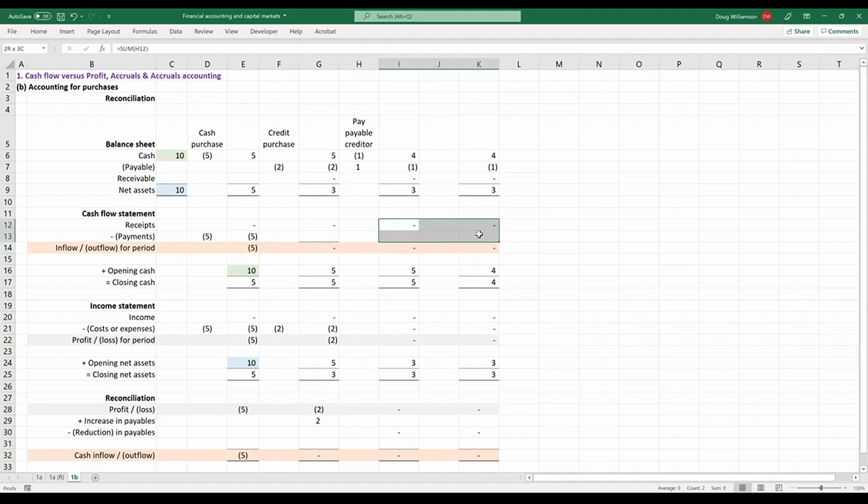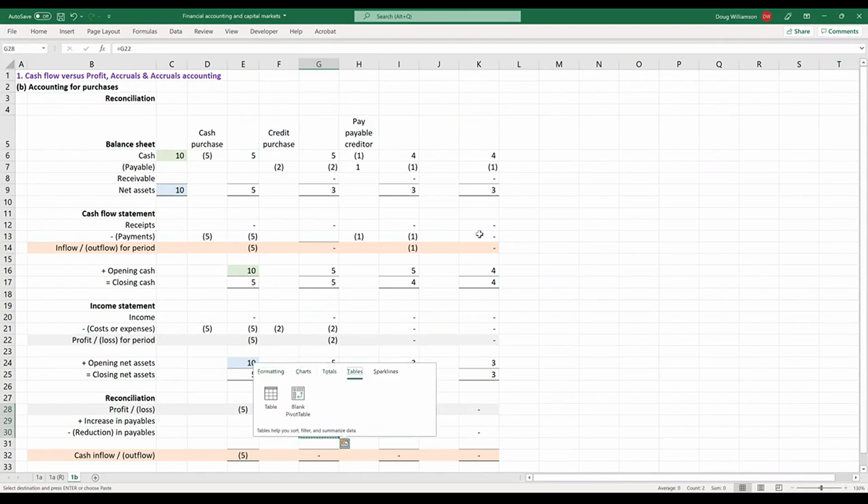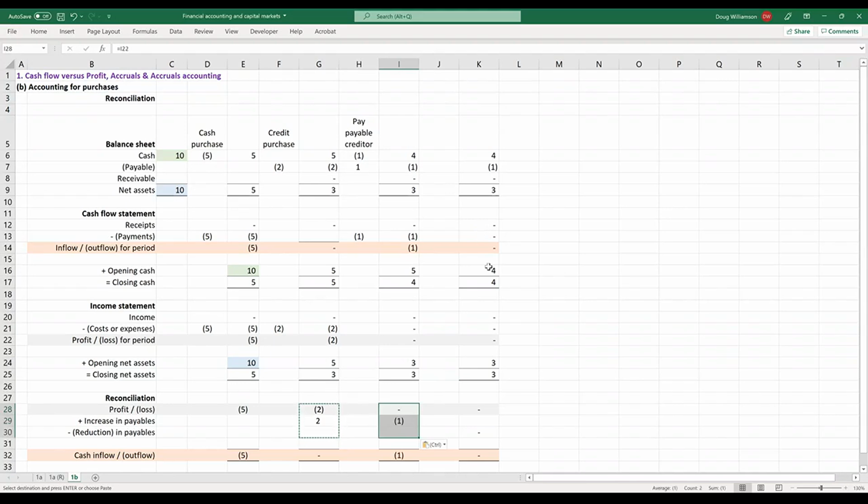We've reduced our cash, and that's neither an income nor an expense. And let's finish that off in the next segment.